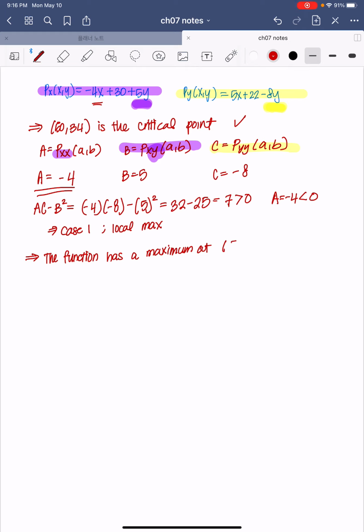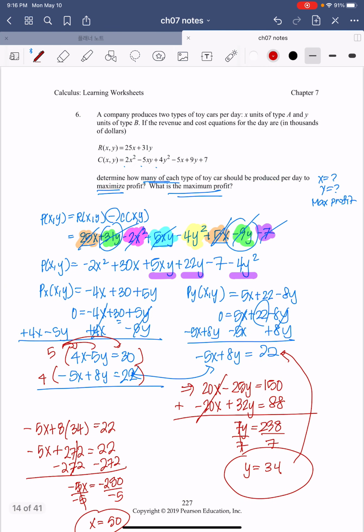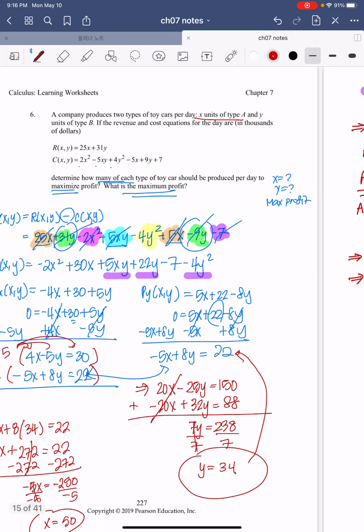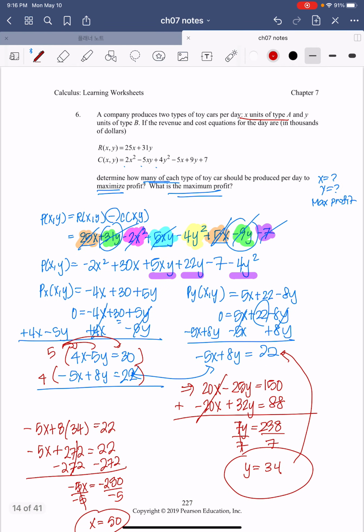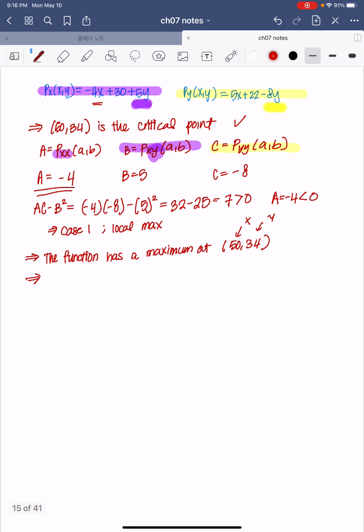So 50, 34. That means, remember, this is x and this is y. So we need to have type A, how many? 50, and then type B toy, 34.